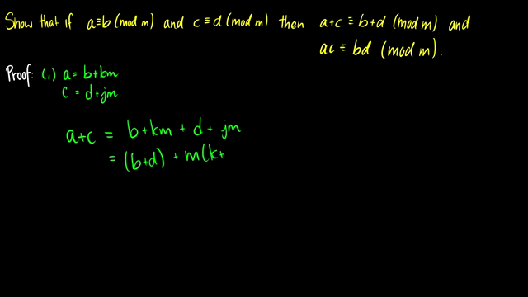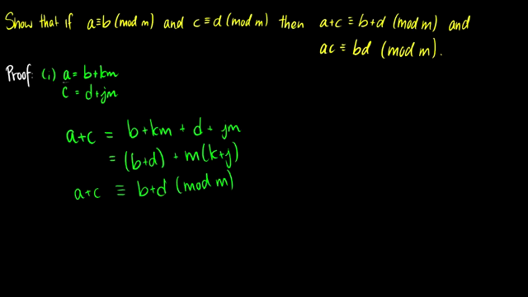So if we do that, we can factor out an m. So now we have that a plus c is equal to b plus d plus m times k plus j. Well, because of our proof earlier, this implies that a plus c is congruent to b plus d mod m.